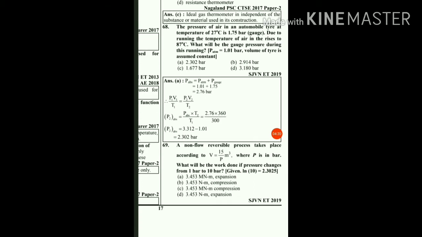The final absolute pressure P2 comes out to be 3.312 bar, but we have to find the gauge pressure. So subtracting 1.01 bar, the atmospheric pressure, we get the gauge pressure P2 equal to 2.302 bar. So option A will be the right answer.